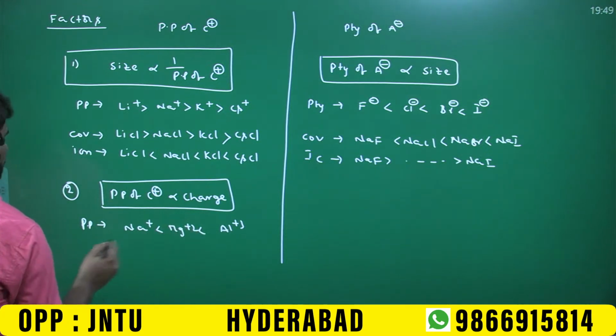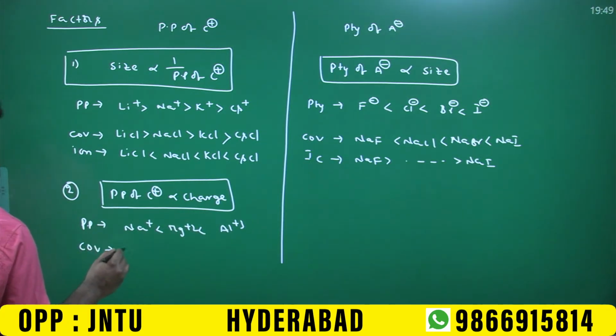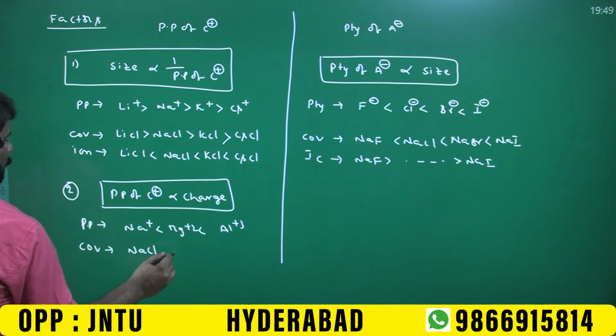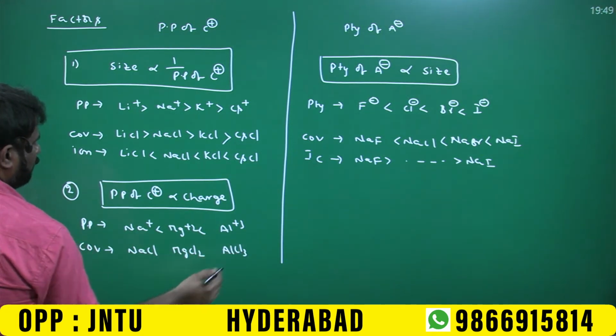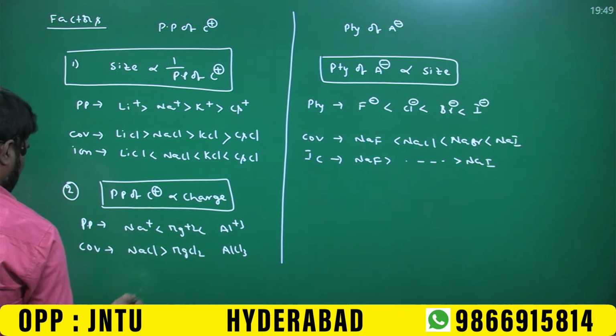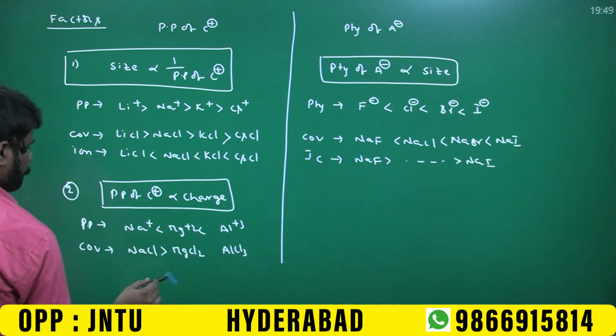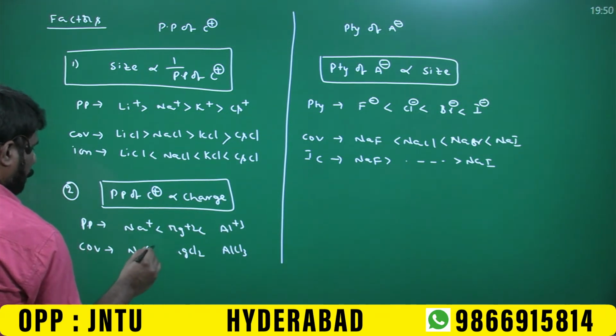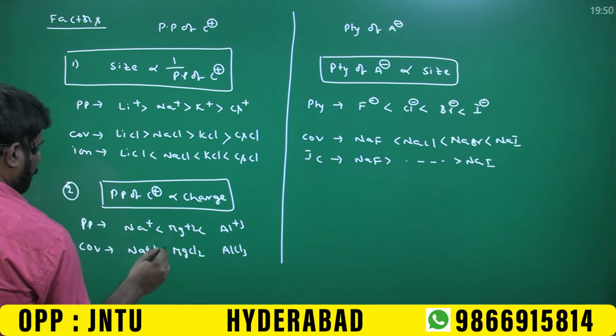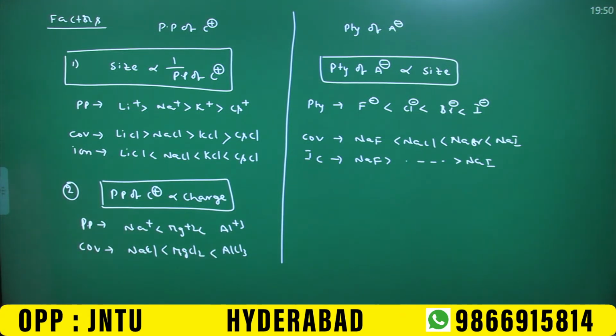Al plus 3. For covalent character, NaCl, MgCl2, AlCl3, which has more? AlCl3. NaCl less than MgCl2 less than AlCl3.